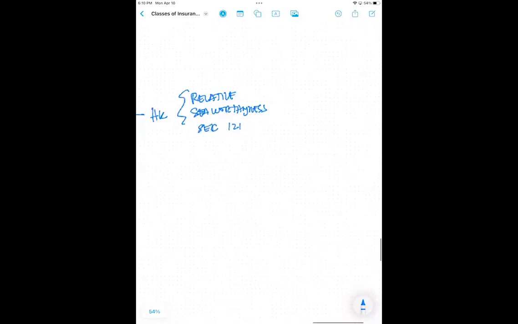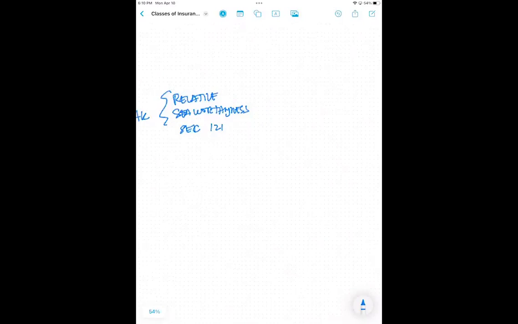Okay, now this particular concept says that a ship may be seaworthy, okay, but nevertheless may not be seaworthy for another purpose. Okay, so let's say, for example, the ship is a passenger ship.